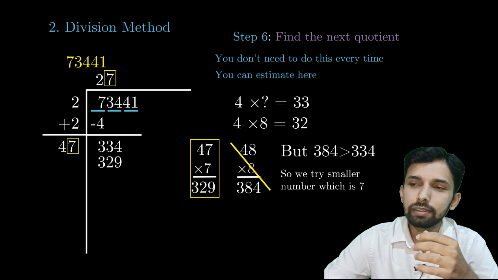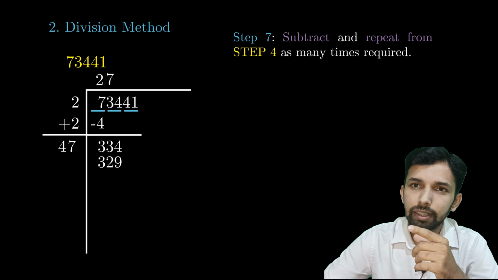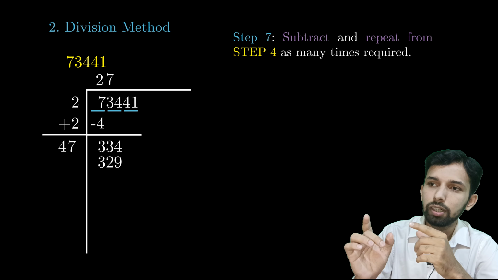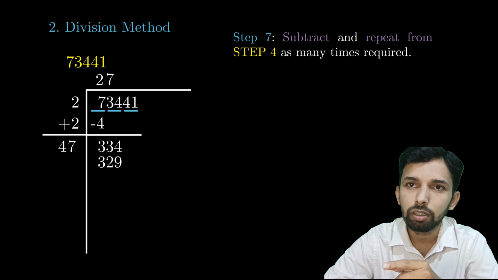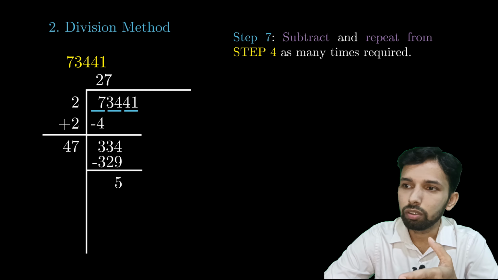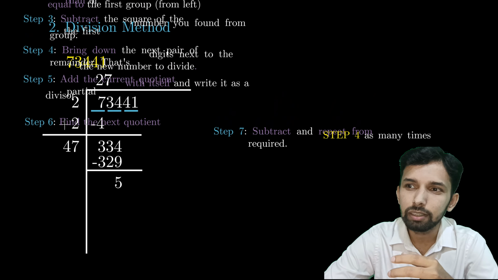We put all the numbers where they are needed. 47 times 7. Notice that in both the boxes, 7 has been put and 329 has been put where it needs to be subtracted. We'll subtract 329 from 334, leaving us with 5. We'll have the remainder 5.